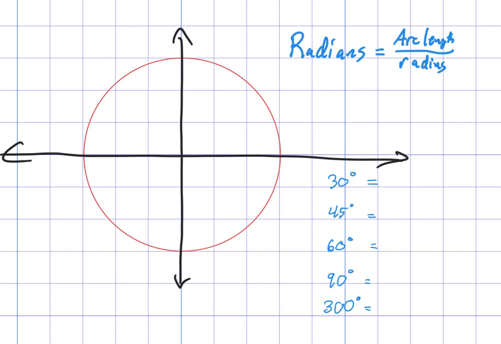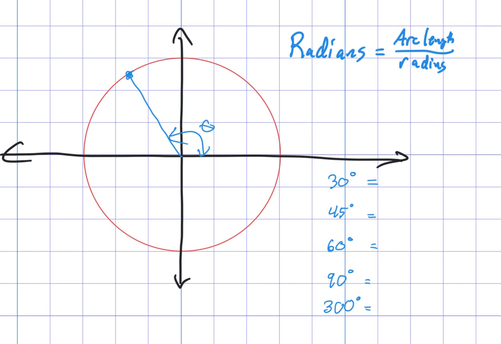So how it's related: if I just draw this in here, I'll use blue again. This one right here, I'm going to call this angle theta. That theta in radians is equal to the arc length, this length right here, divided by the radius.